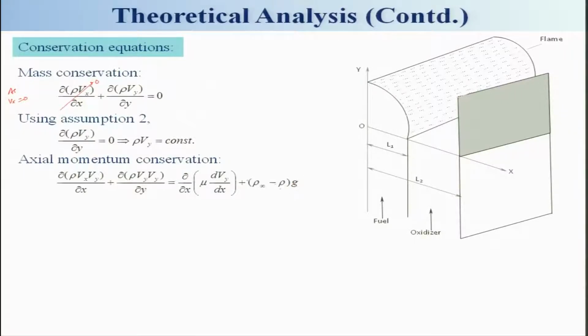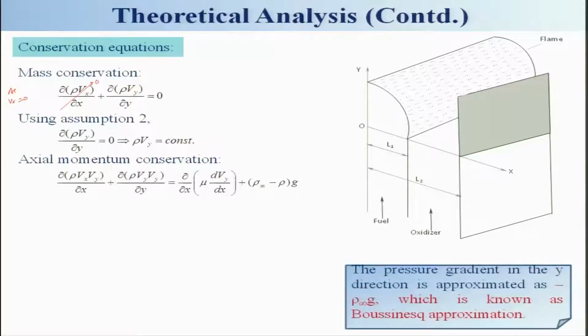This is because ρg is the gravitational effect, and ρ∞ is the outside ambient density, due to the Boussinesq approximation, where the pressure gradient in the y direction is approximated as ρ∞ g.